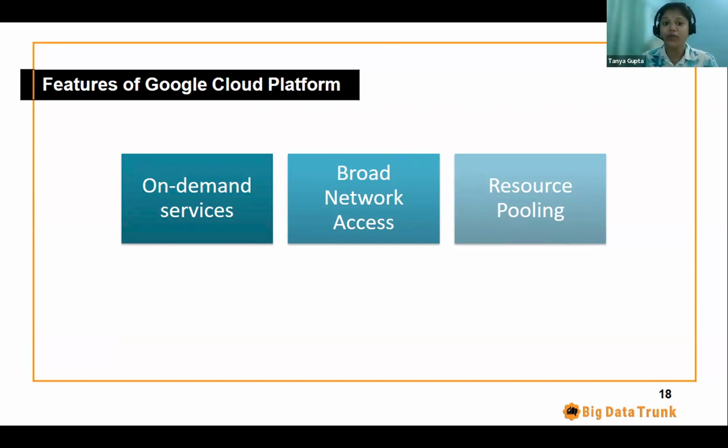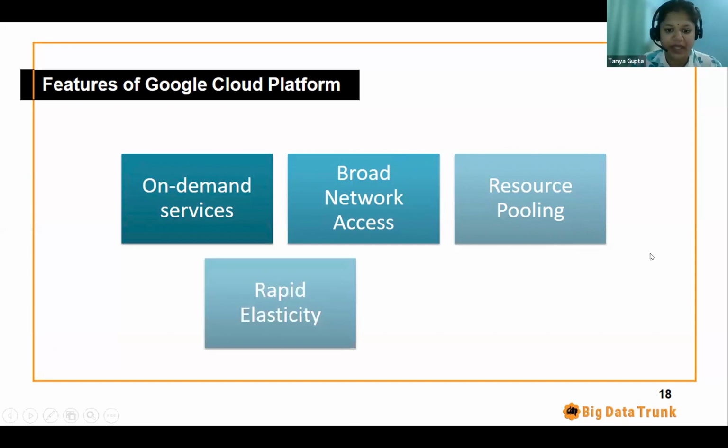So resource pooling means you don't need to wait for your services, even if there's a failure at their end. This is resource pooling, because different zones are there in a particular region. That's how GCP works.